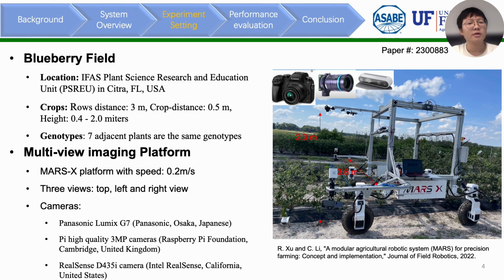It's called MassX. The robot moves at 0.2 meters per second. As you can see, there are several cameras mounted on the robot to capture the image from the top view, the left view, and the right view. Those cameras include digital cameras, Pi cameras, as well as RealSense RGBD cameras.